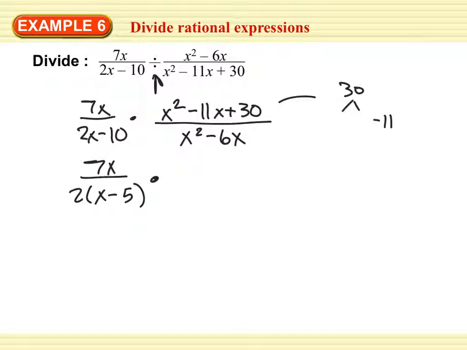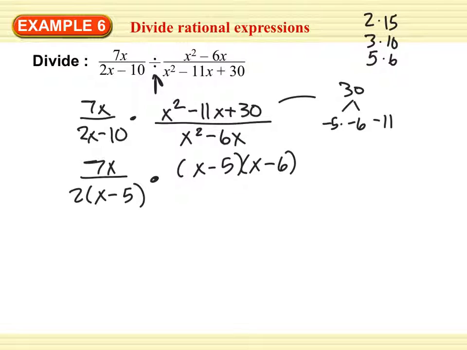All right, having a hard time. So 2 times 15, 3 times 10, 4, 5 times 6. There we go. Negative 5 times negative 6 gives me positive 30. You add them to get negative 11. X minus 5, x minus 6.